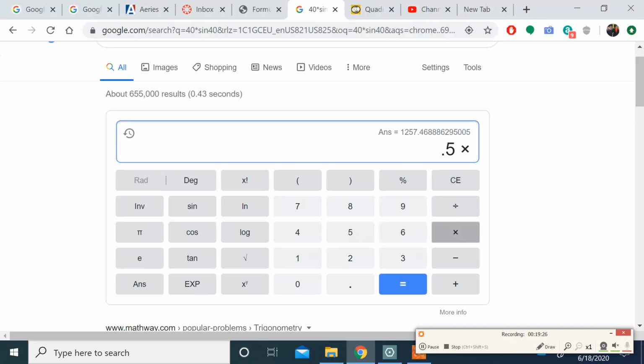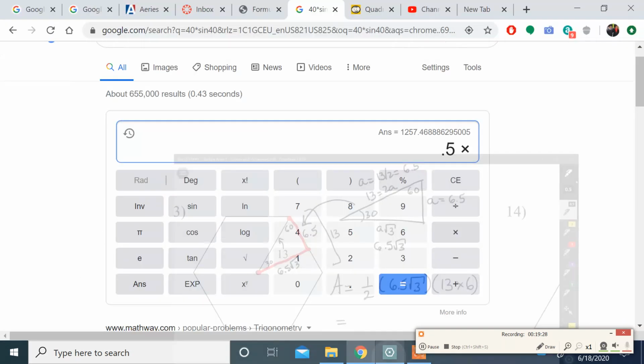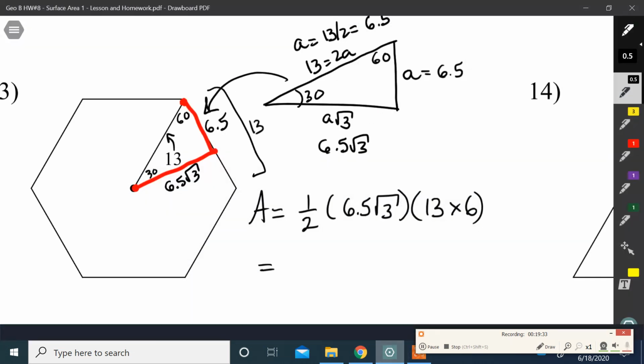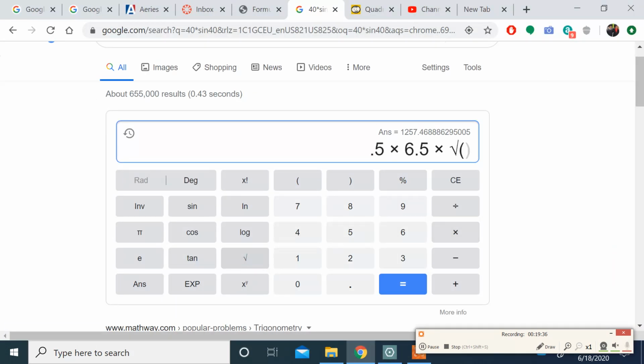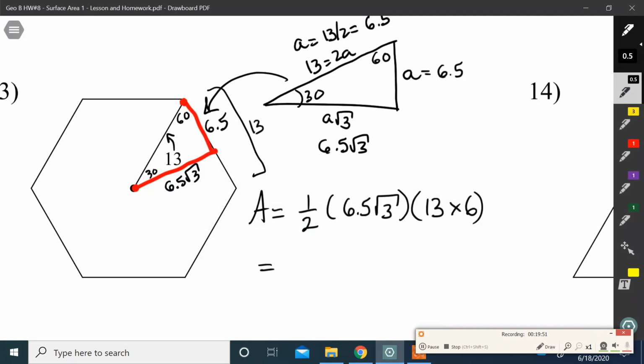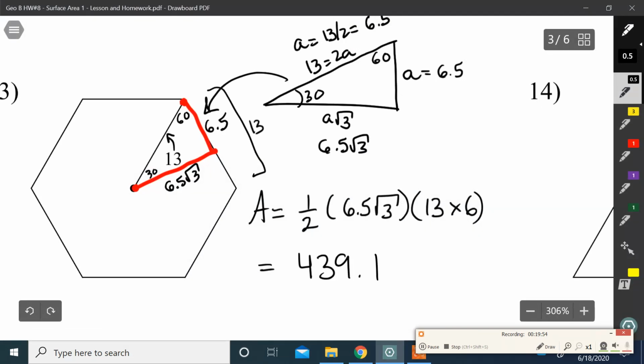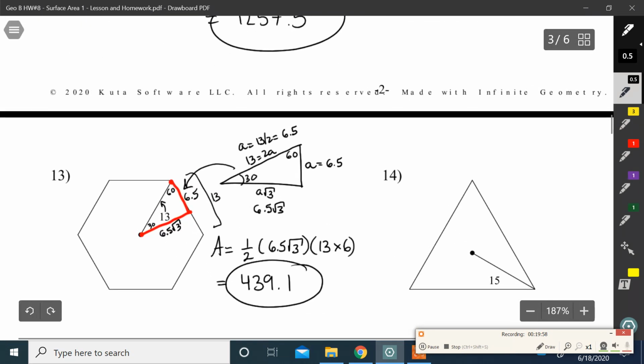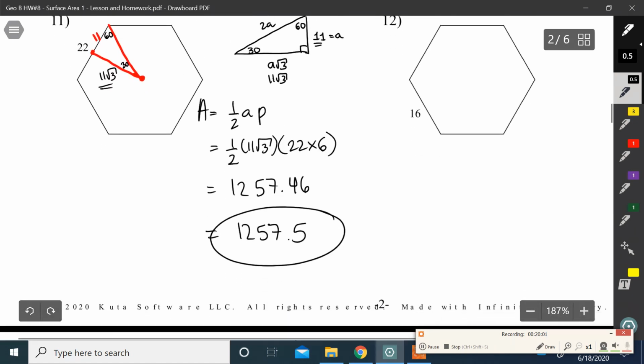So 0.5 times 6.5 times, I believe it was the square root of 3, times 13 times 6. And I got 439. Let's say 439.1. So we can round. Okay. So that is 13 and that is 11.